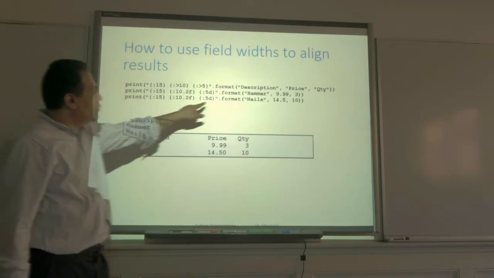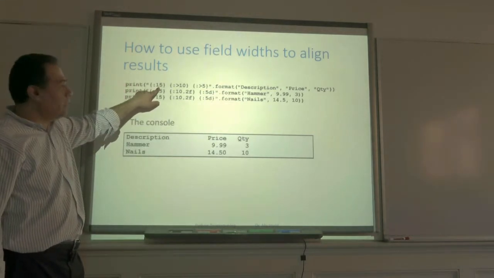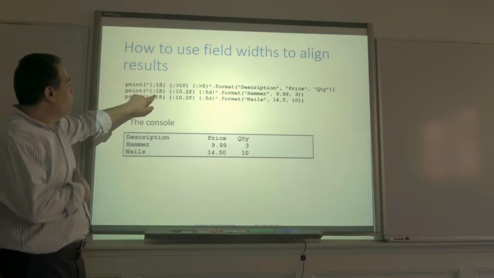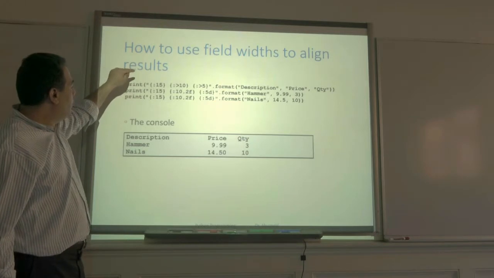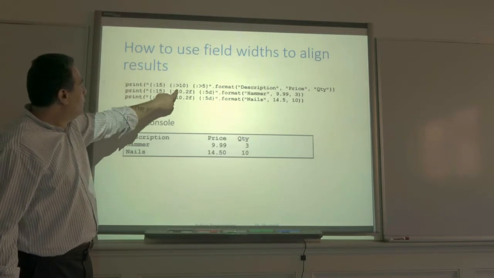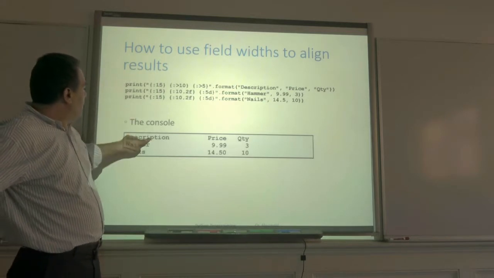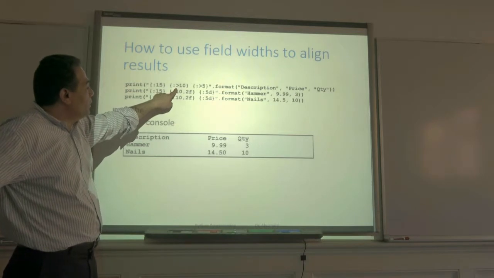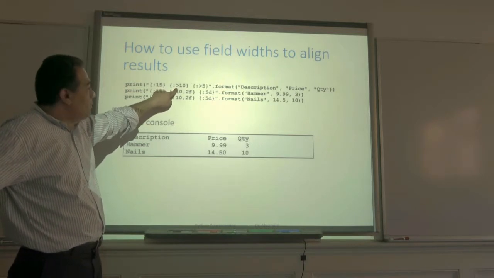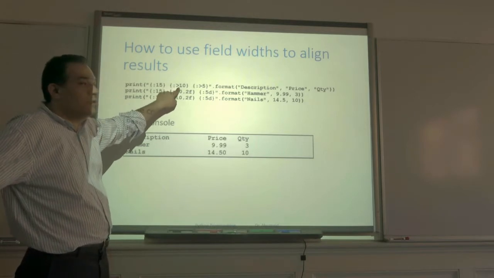Okay, so look at the description. How is it formatted? It reserves 15 characters. Okay, this is 10 spaces, but what does the greater-than sign mean?